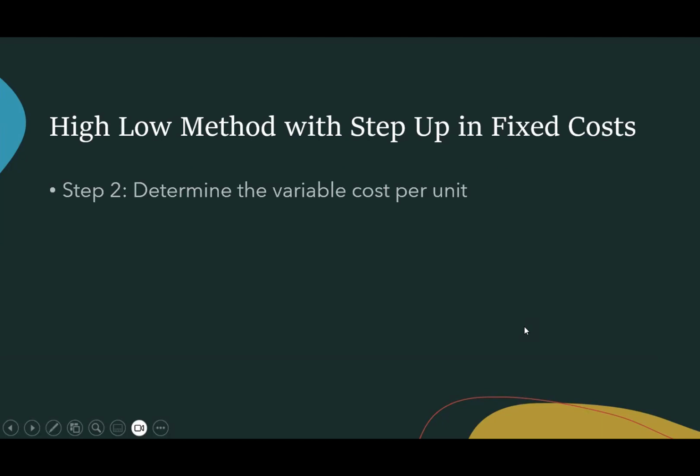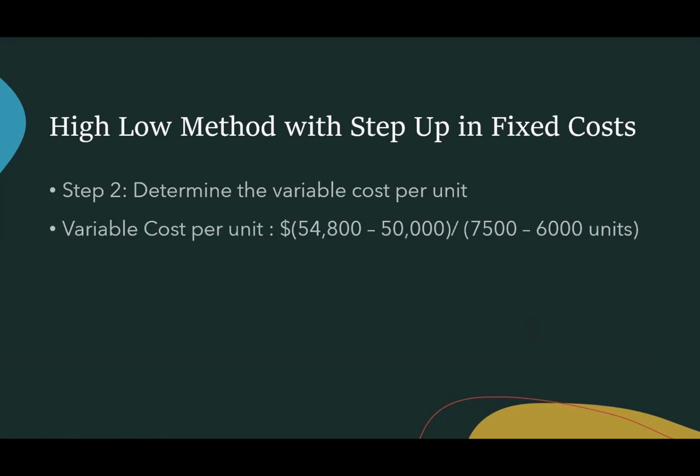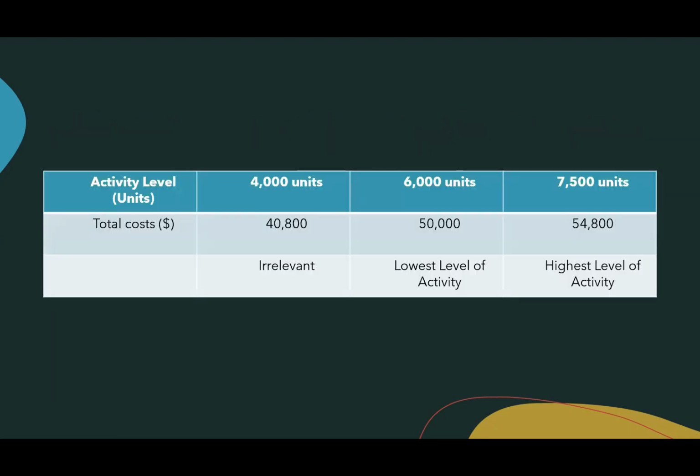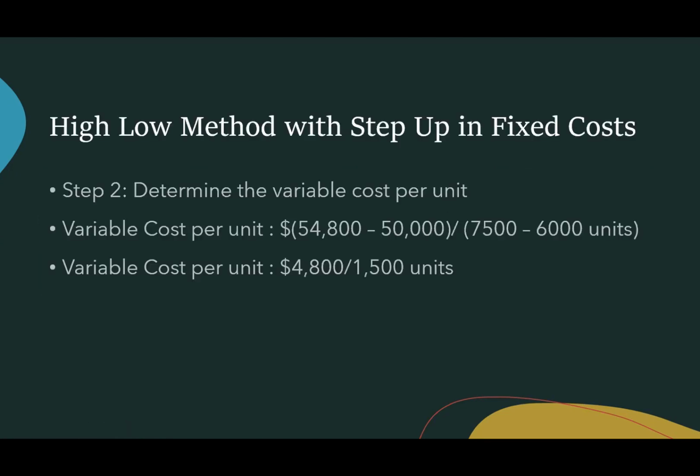So back again with the variable cost per unit, you have to take the difference between the cost at the highest level of activity and the lowest level of activity, which in this case will become 4,800. If you see, 54,800 minus 50,000, you get 4,800. 7,500 minus 6,000, you get 1,500. So if you put it in the equation, you get 3.2, which is your variable cost per unit.